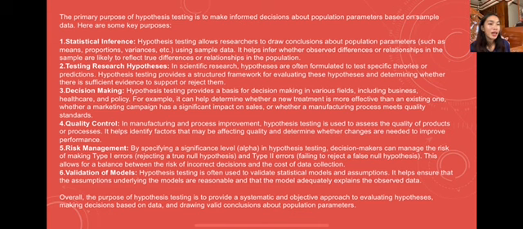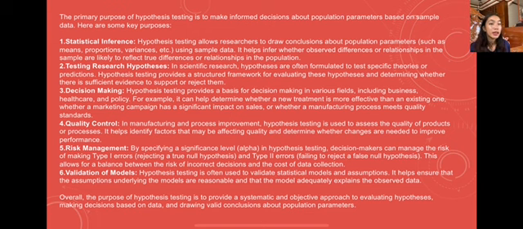By specifying a significance level alpha in hypothesis testing, decision makers can manage the risk of making type I errors, rejecting a true null hypothesis, and type II errors, failing to reject a false null hypothesis. Number 6, validation of models.